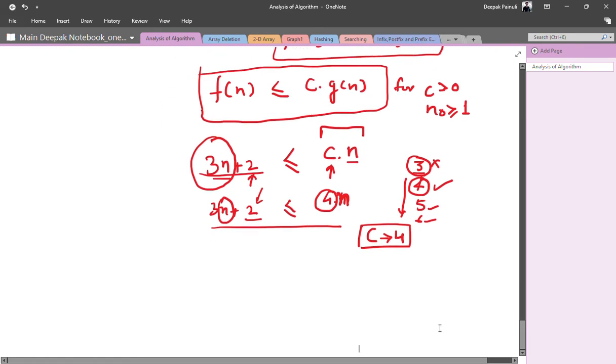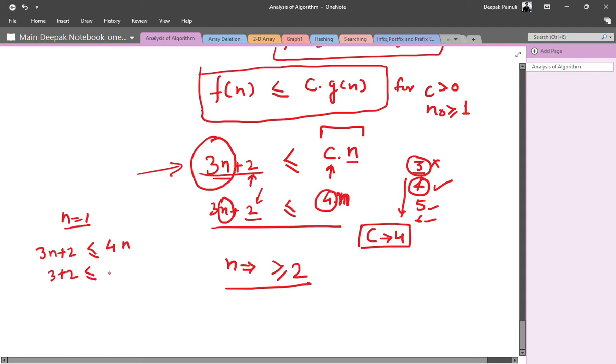Now what about the value of n? For all values of n greater than or equal to 2, this relation will hold true, right? You can check. If you put n equals 1, then 3n plus 2 should be less than or equal to 4n. If n is 1, 3n means 3 plus 2, which is 5, less than or equal to 4, right?